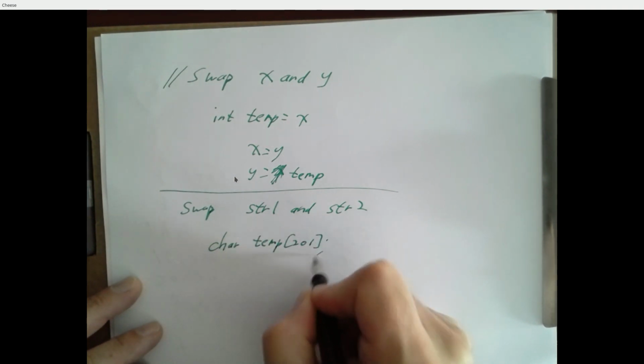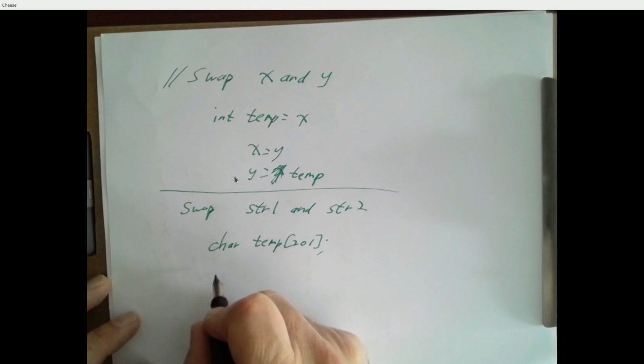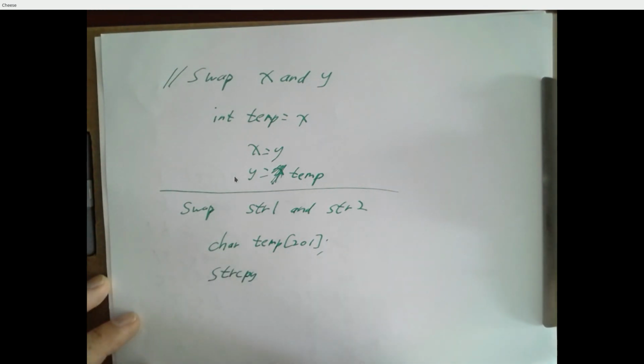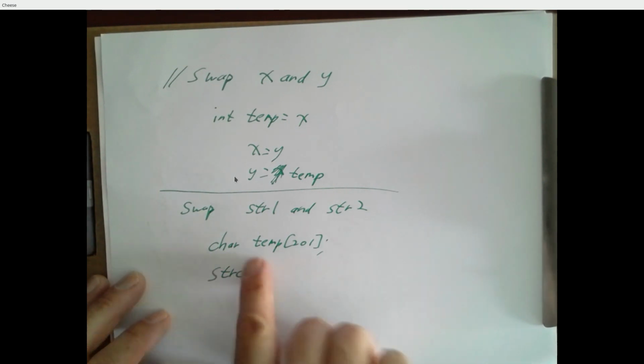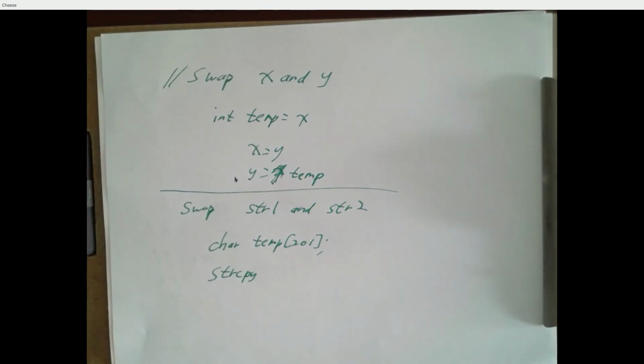So your temporary has to be an array of characters, 201, because that's how long your strings can be. And then I suggest use string copy, because you can't just say temp equals str1, because that doesn't actually copy the characters. That changes temp to point to str1, and that's going to trip you up.